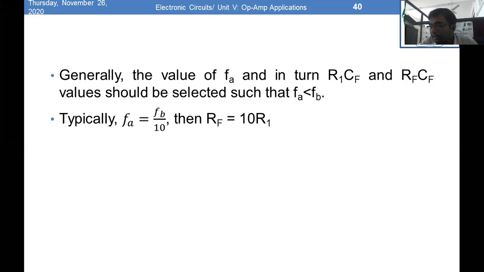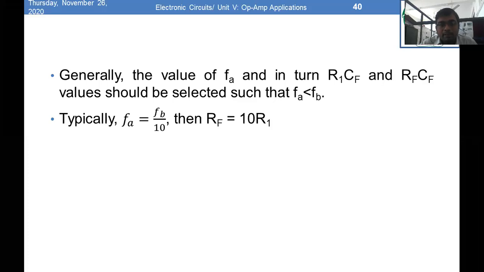FA should always be less than FB. FB is the unity gain frequency that we have already seen in the ideal integrator, and FA is the breaking frequency or limiting frequency. Typically FA is 1 upon 10 times FB. So the breaking frequency is always less than one tenth of the unity gain frequency.